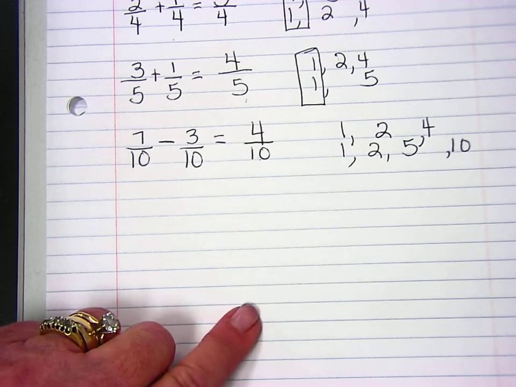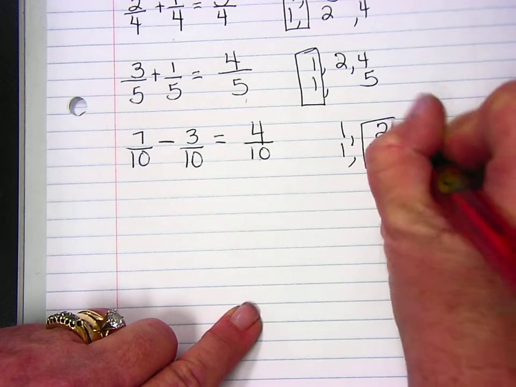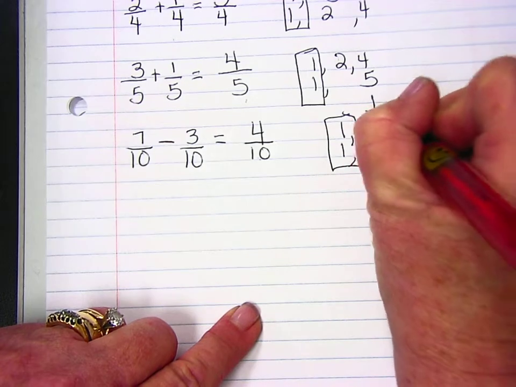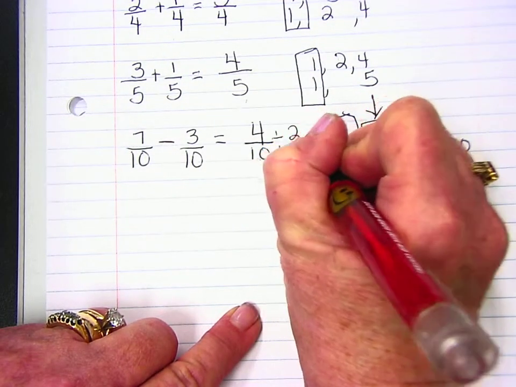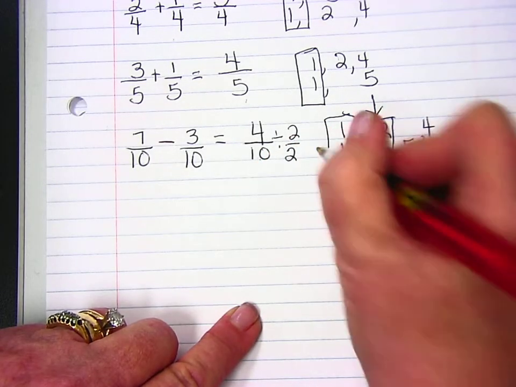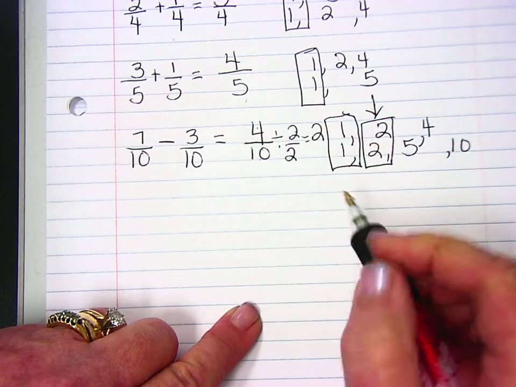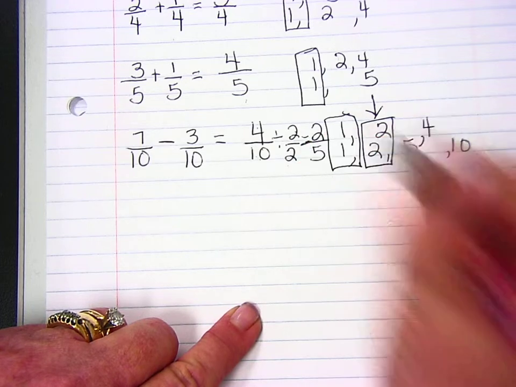Common meaning the same. 2. And what else? 1. Now which is my greatest? 2. Now I'm going to divide by 2. 4 divided by 2? 2. 10 divided by 2? 5. My answer is 2/5.